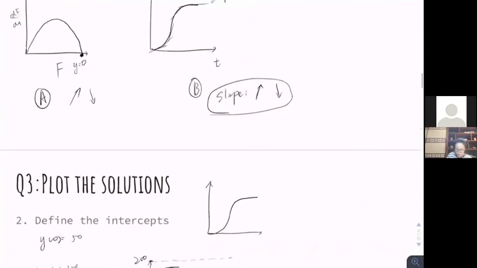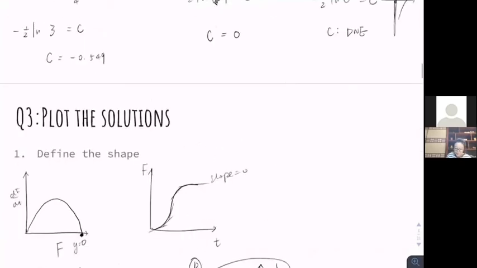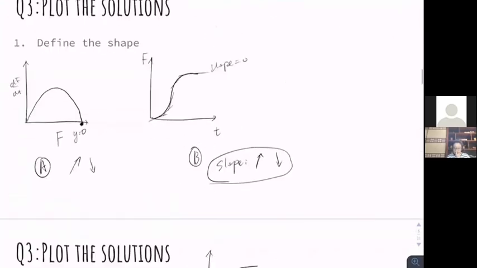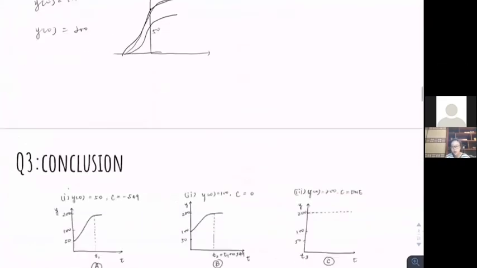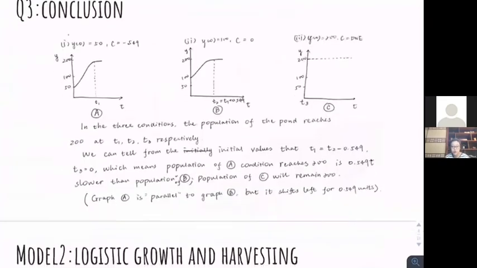It's a little bit shorter. And we can also know T3 equals 0 because the initial population is 200, which means the population of condition A reaches 200 at 0.549 time units slower than the population of B. Then the population of C will remain or decrease.